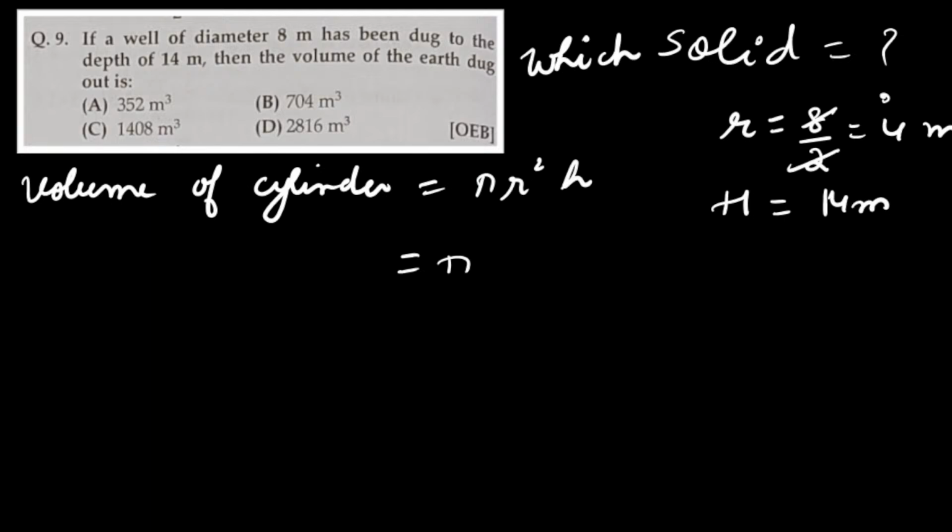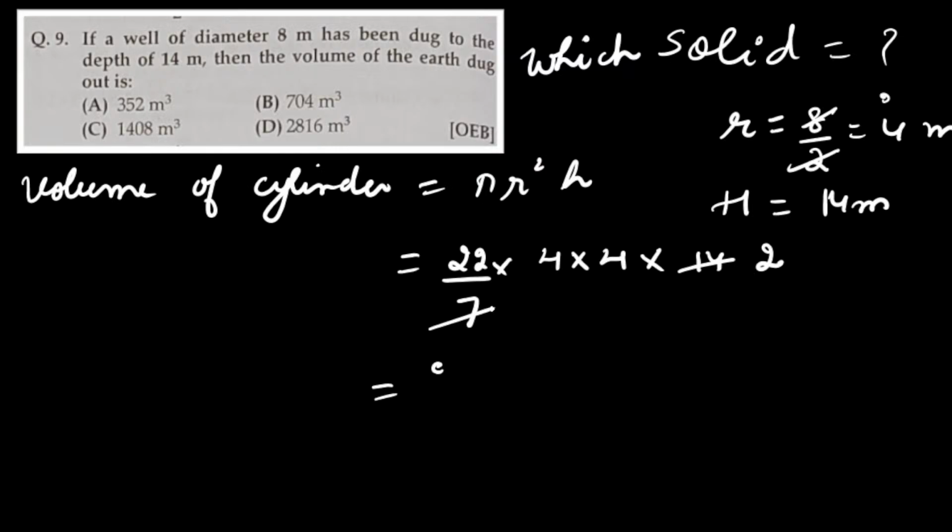So we'll just substitute the values. Pi's value we can substitute as 22 by 7. R square, r's value is 4, so 4 square means 4 into 4. Height is 14, so 7 into 2. 7 into 2 is 14, so I can do cancellation here.